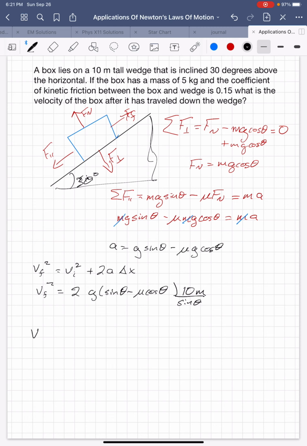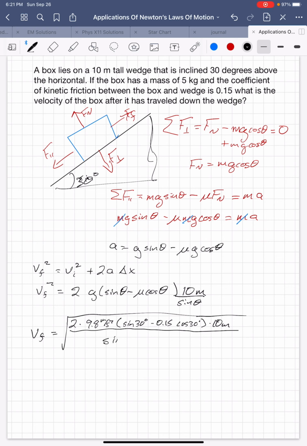And that tells me that my final velocity is going to be the square root of 2 times 9.8 meters per second squared times the sine of 30 degrees minus 0.15 cosine 30 degrees times 10 meters divided by the sine of 30 degrees, which is 12.0 meters per second downhill.